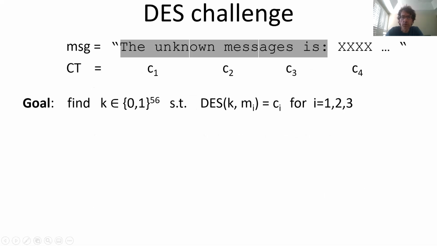Okay, so challenges against DES or any other block cipher are phrased as: we have a few blocks that are public. So this is M1, M2, M3. And we publicize the ciphertext. So we choose a random key and we encrypt. And then we give one more ciphertext that encrypts an unknown block.